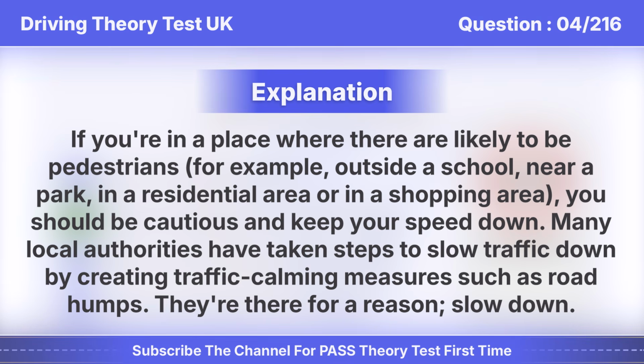If you're in a place where there are likely to be pedestrians, for example, outside a school, near a park, in a residential area, or in a shopping area, you should be cautious and keep your speed down. Many local authorities have taken steps to slow traffic down by creating traffic calming measures such as road humps. They're there for a reason. Slow down.